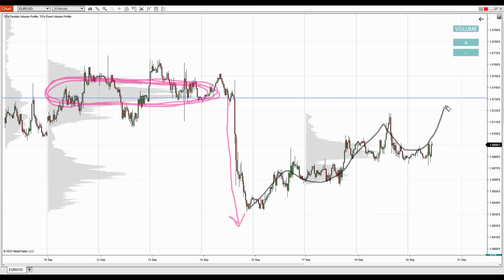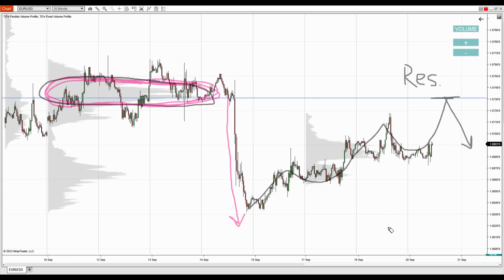When there is that pullback, chances are that the big trading institutions will want to defend this heavy volume zone and push the price downwards from there. So this is a resistance, and that's how you can work and trade with volume profile.